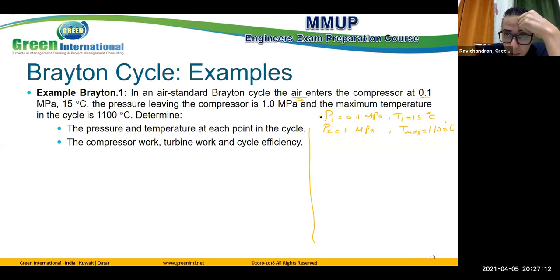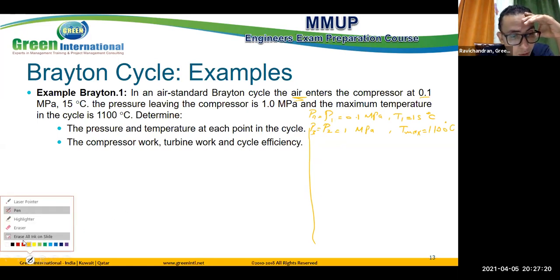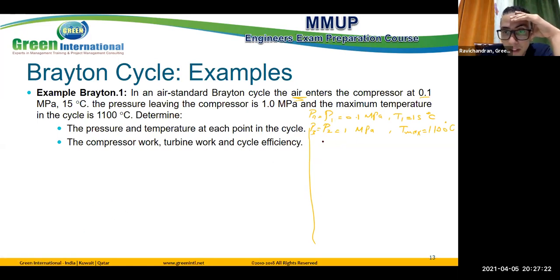First, P1 is equal to P4. P2 is equal to P3 as per the cycle requirement. I'm just going to solve with another color here. And don't forget to change to Kelvin. All temperatures in T1 over T2 and so on must be in Kelvin. For delta T, no problem, but for T ratios it must be Kelvin.